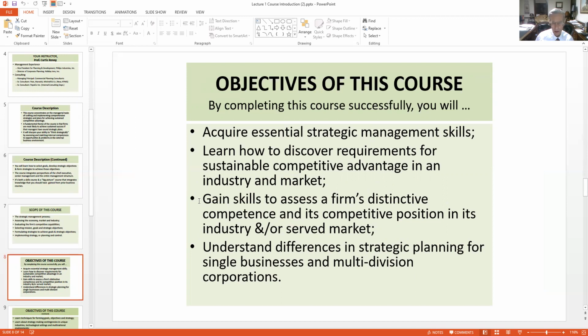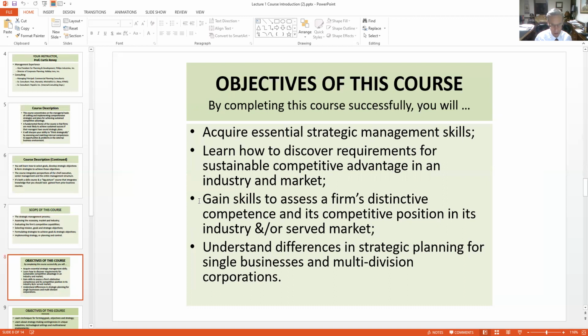You're going to learn how to discover what the requirements in the market and industry and economy are for the firm to accomplish sustainable competitive advantage. We don't want to win the battle just for a day or two, or a week or two, or even a month or two.